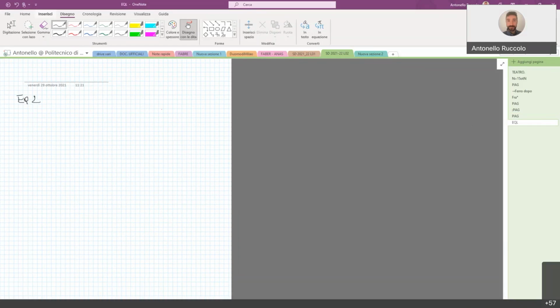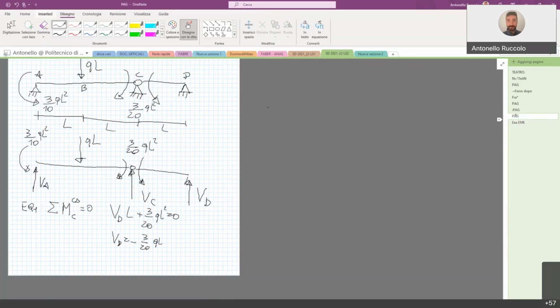This is A2. The rotation with respect to the node C of everything has to be equal to 0. Let's go back to the previous slide so we can see all the contributions. We have VD, and we have already found out this value.